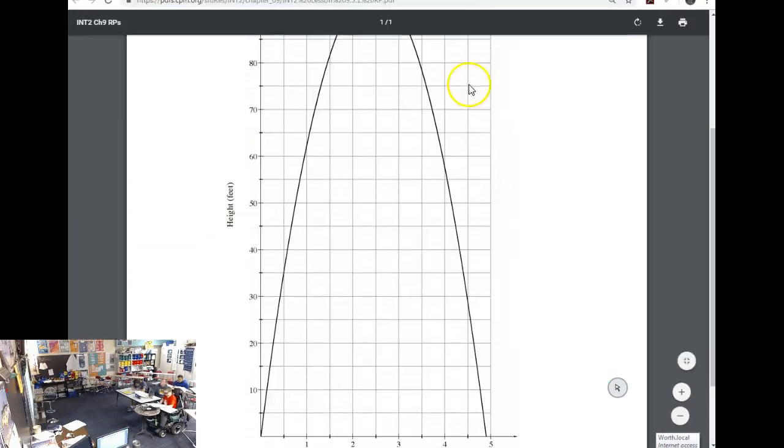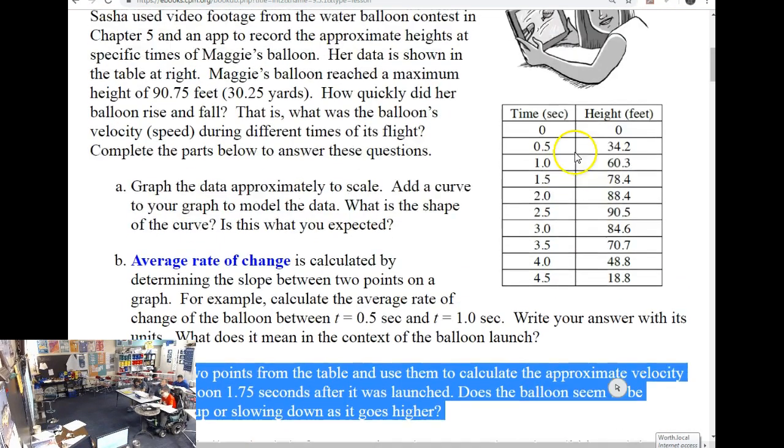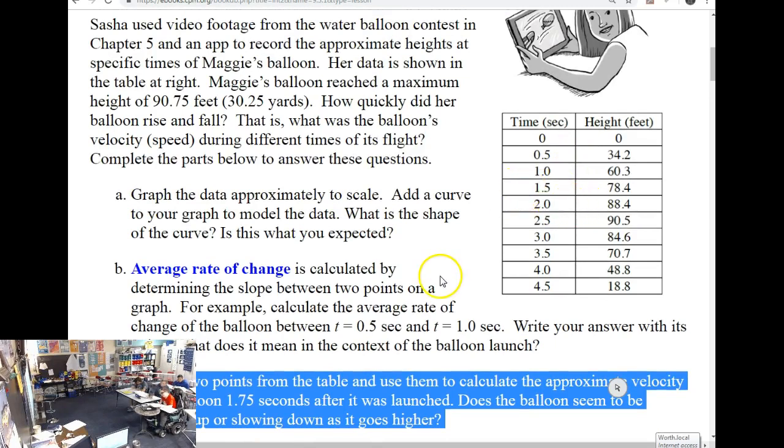Talk with each other. So 34.2 to 60 is 56, and 1 to 1.5 is 36. Chris, at what time are we looking for our speed? 1.5 and 2 is 20 feet per second.